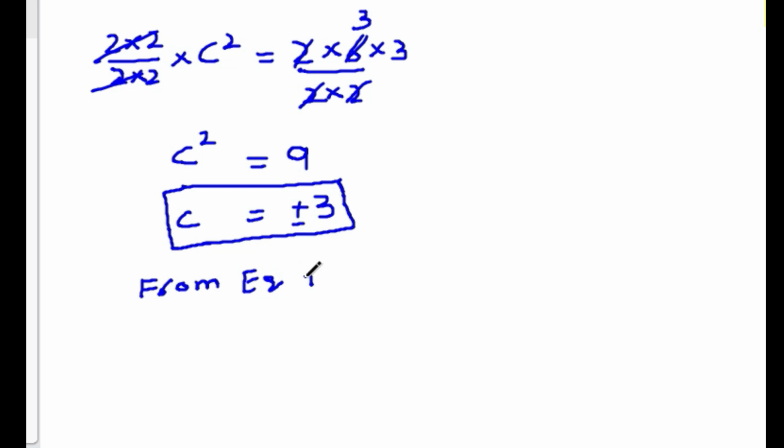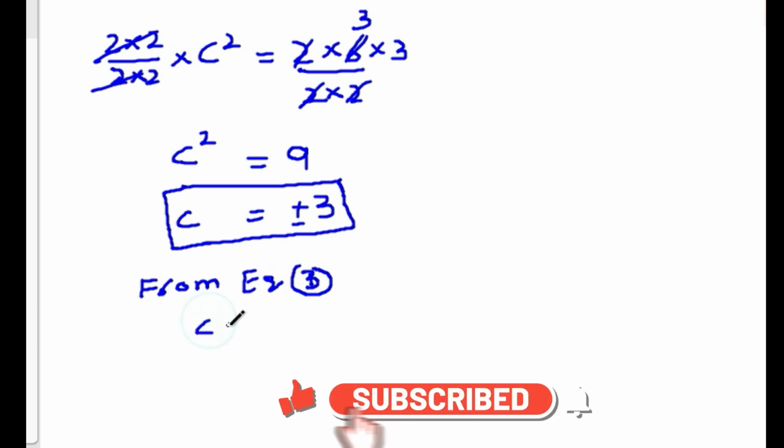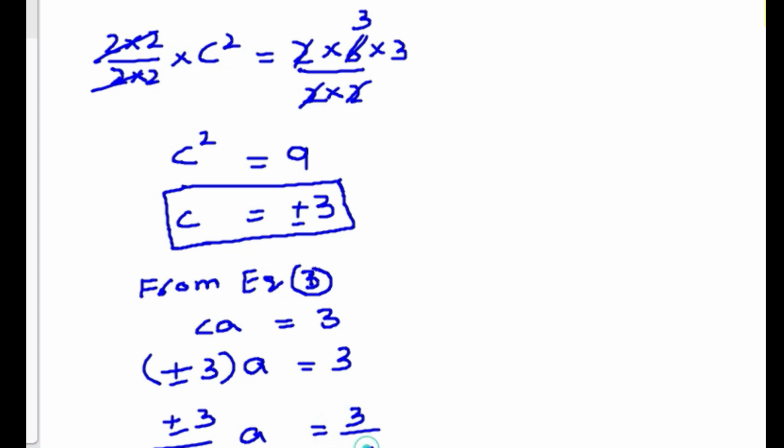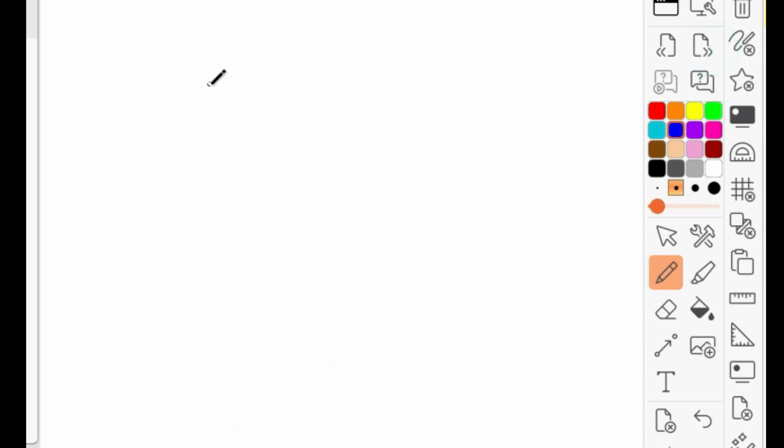From equation number 3, CA is given 3, value of C is equal to plus minus 3, put here, dividing both sides by plus minus 3. Here A is equal to plus minus 1.